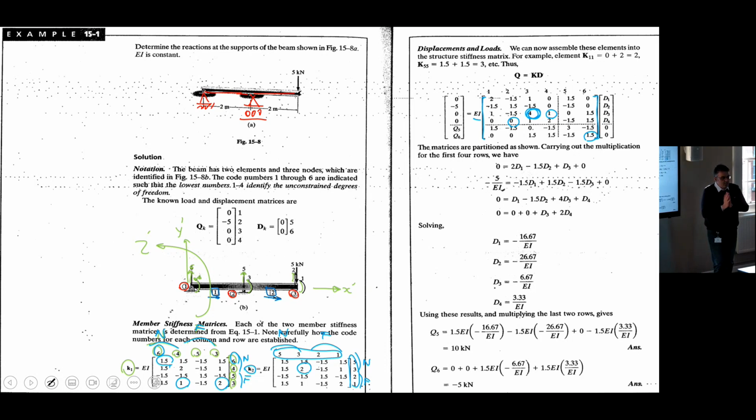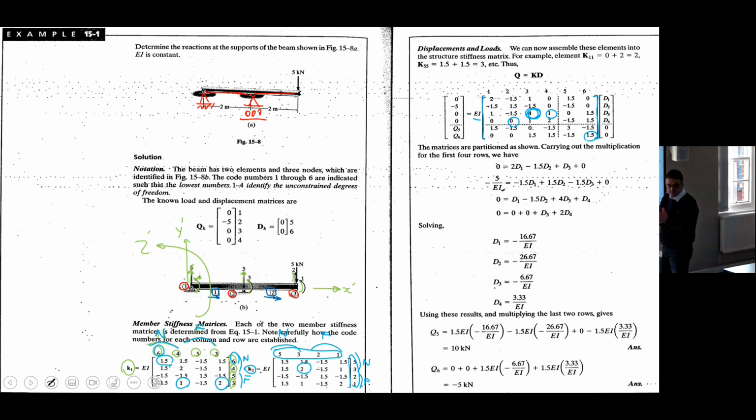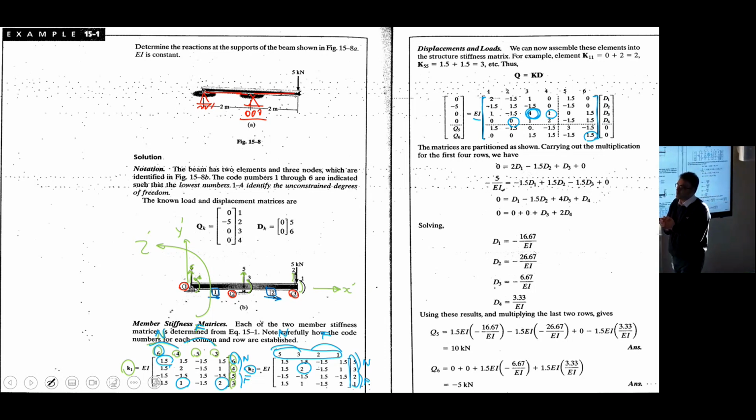Still, we didn't comply with the boundary conditions. Okay, this is for the whole structure. The mathematics doesn't understand where the supports are, right? Any doubts until now? Everything clear? Right? So.